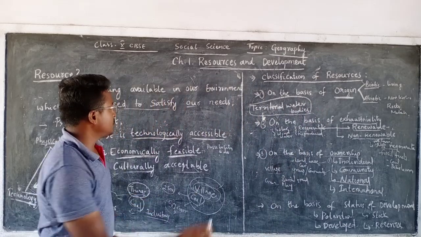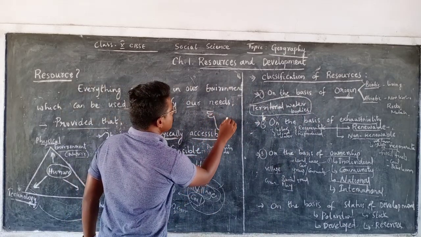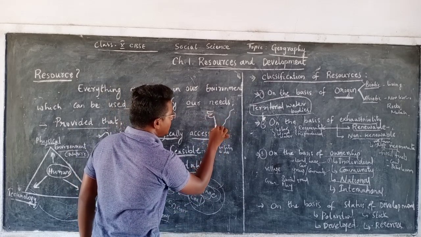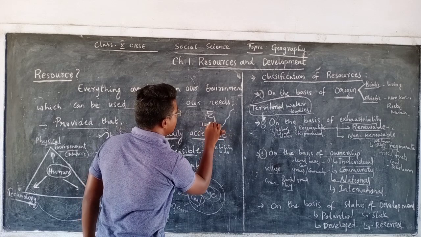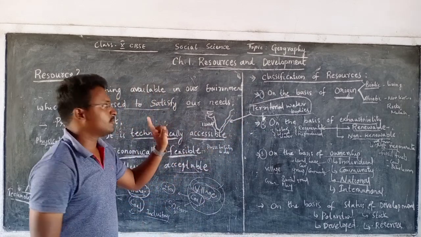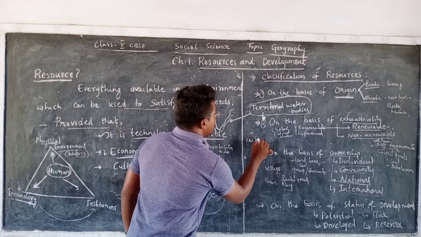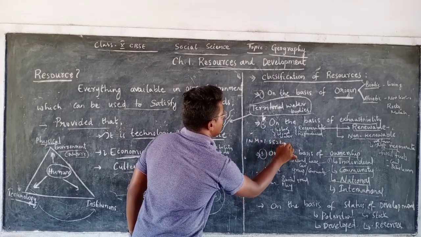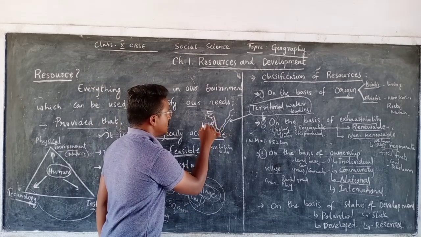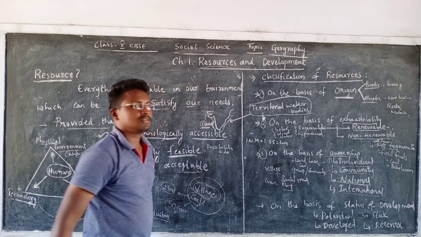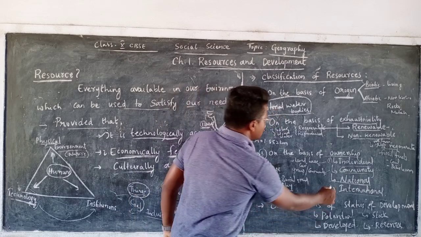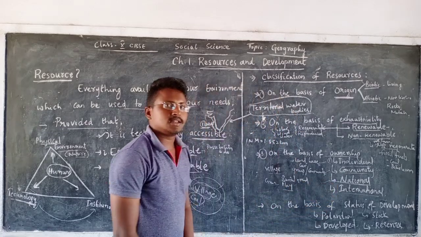For example, if this is the coastal region of India, from the coast up to 12 nautical miles into the sea we call territorial water bodies. And 1 nautical mile is equal to 1.85 kilometers. This territorial water also comes under national resources.